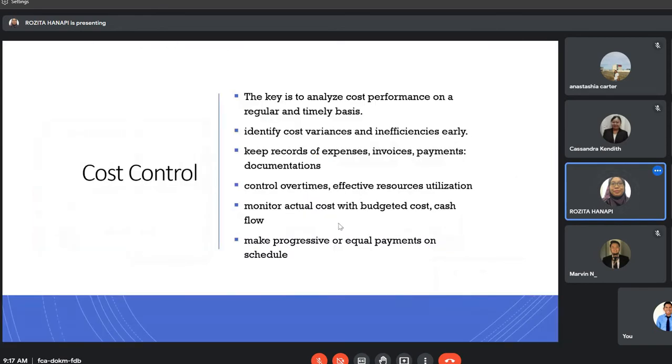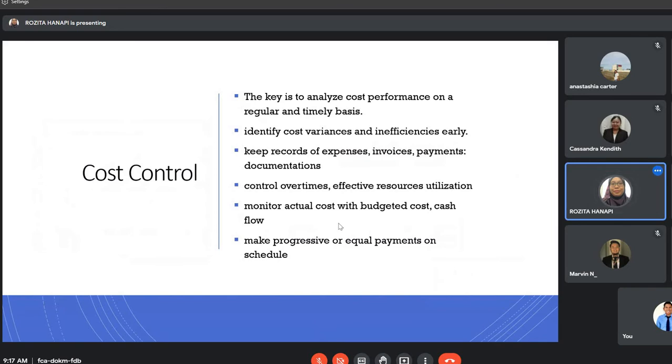Okay. Then next is cost control. The key is to analyze cost performance on a regular and timely basis. It helps to identify cost variances and also inefficiencies early, and it keeps records of expenses, invoices, payments, okay, where you need to document it, you need to record all the payments, invoices, and also expenses.